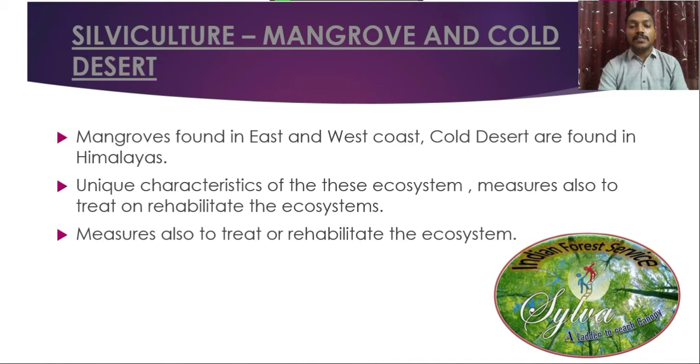So these two special ecosystems and the strategies to deal with them will be covered in silviculture, mangrove and cold desert. The unique characteristics of these two ecosystems and the measures to treat or rehabilitate the ecosystem will be covered here.